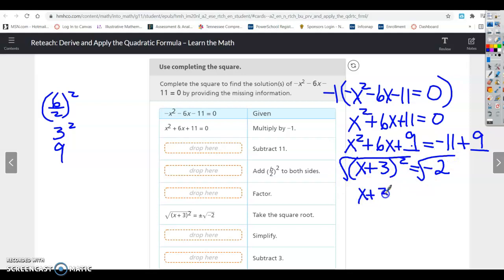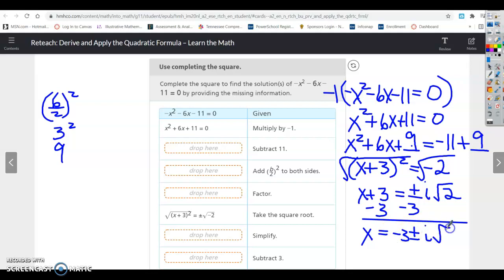So x plus 3 equals, anytime we take the square root, there's an unknown, we do plus or minus. And we know the square root of negative 1 is i, so we bring out the i, square root of 2. Then I'm going to subtract 3 from both sides, and x equals negative 3 plus or minus i square root of 2.